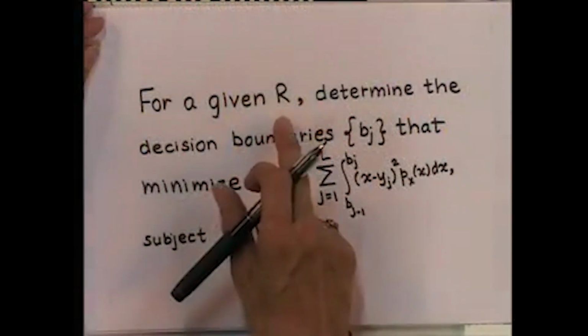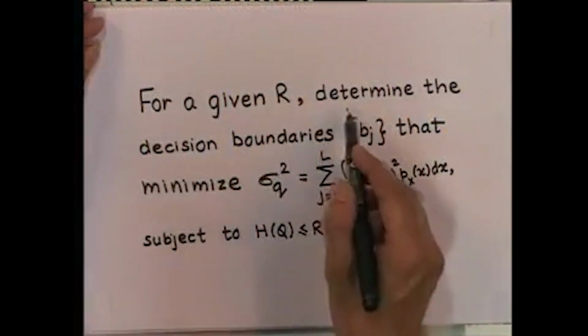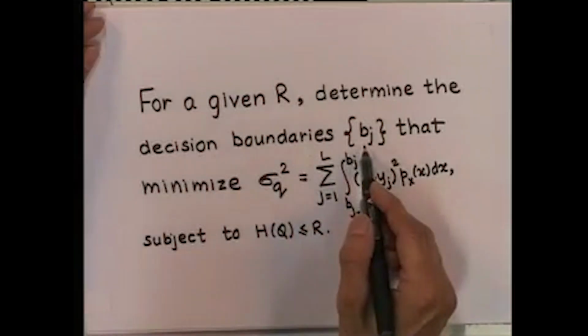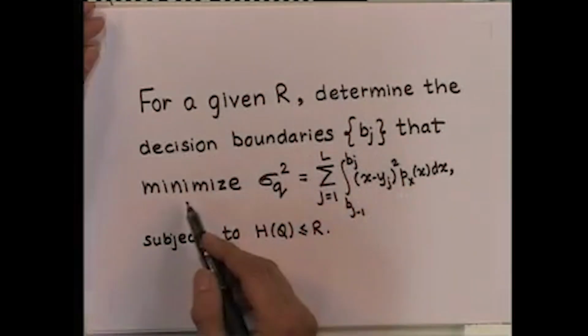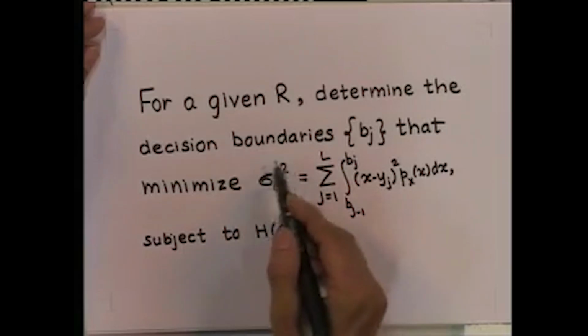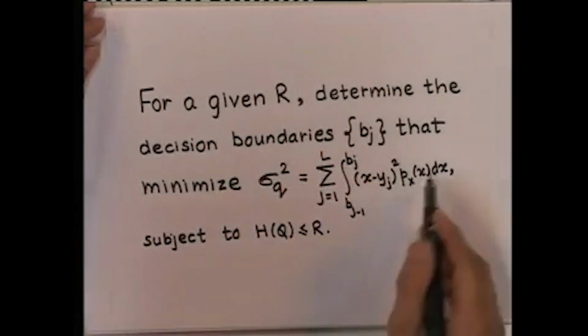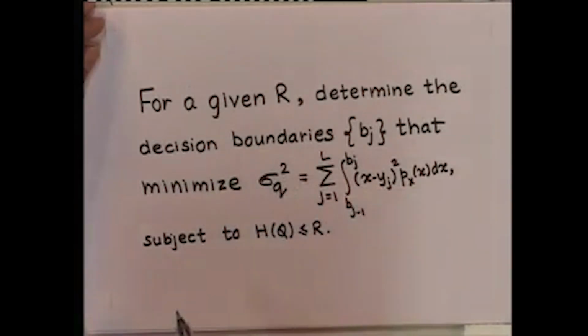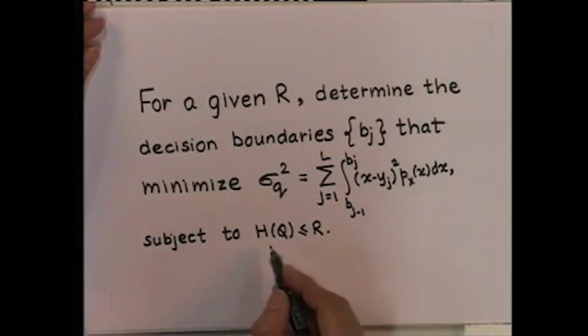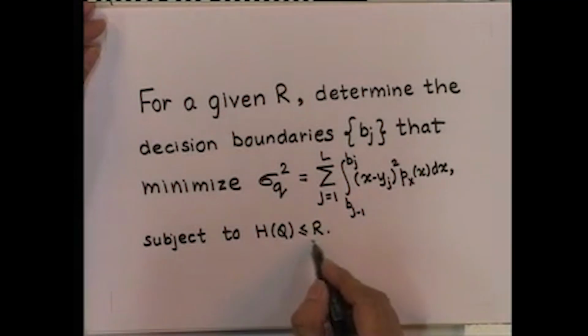Now, we can fix the entropy and try to minimize the distortion, and the problem can be posed as follows. For a given rate, determine the decision boundaries b j that minimize the mean squared quantization error, which is given by this expression, subject to the constraint that the entropy is less than or equal to R.